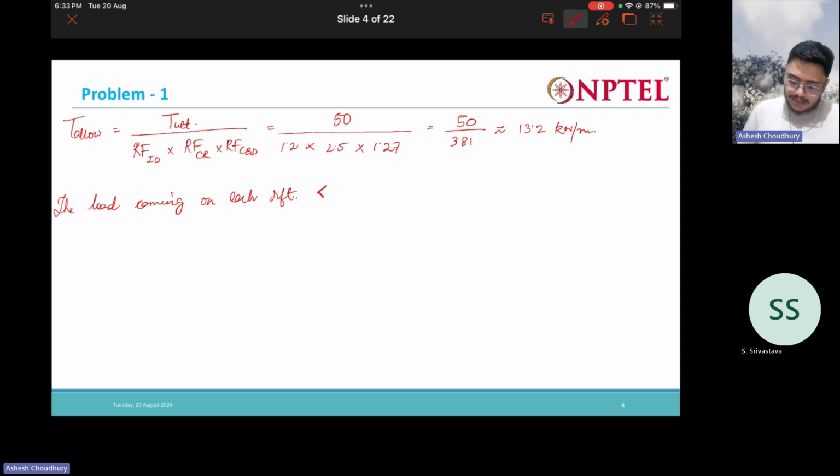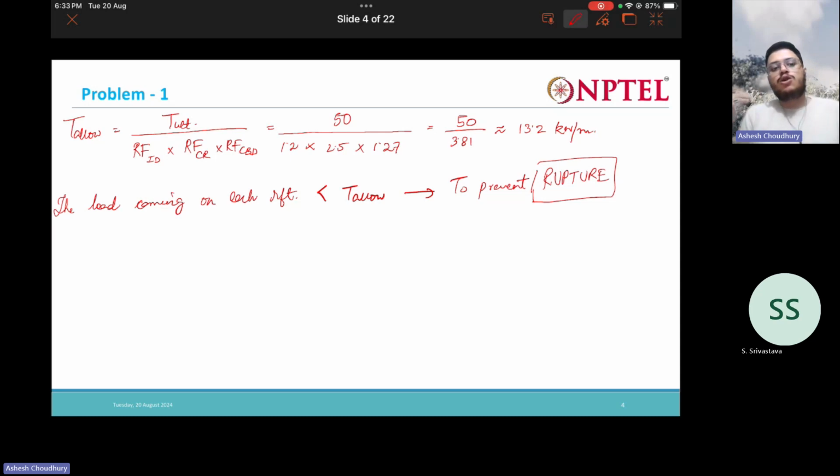So this should be less than T allow. Why? To prevent rupture. So to prevent rupture, the load coming on each reinforcement should be less than T allow, right?